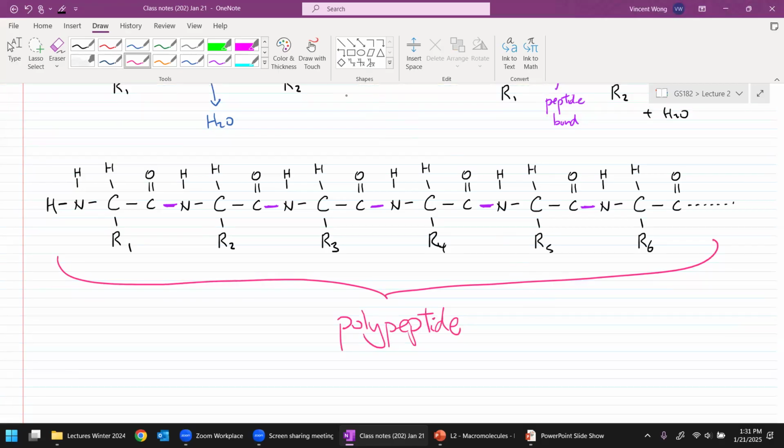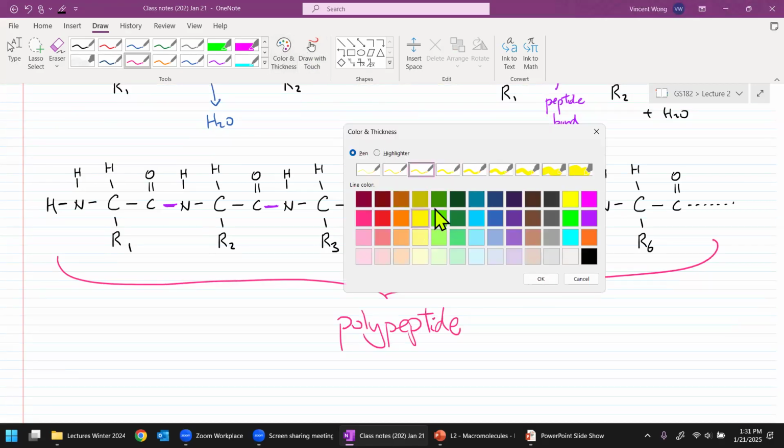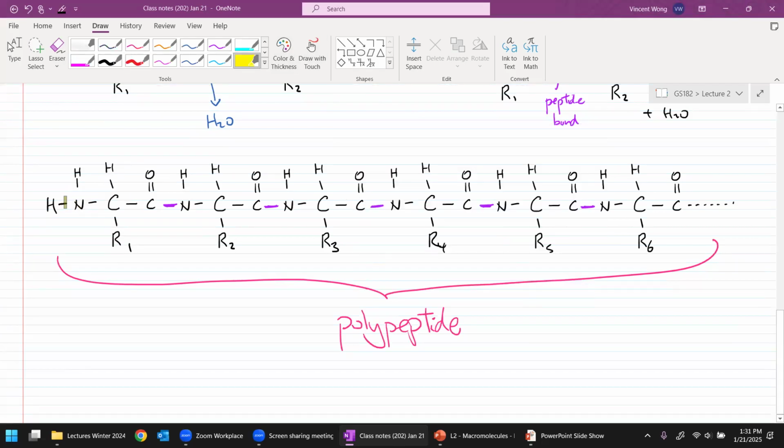Now, there's one more thing I want to show you, and then I'm going to give you a break. Again, you don't have to draw this. You just have to try to understand it. Look at the structure. It's the same thing over and over again. You have an NH, and then CH, and then CO. NH, CH, CO. NH, CH, CO. And then it just keeps on repeating itself.